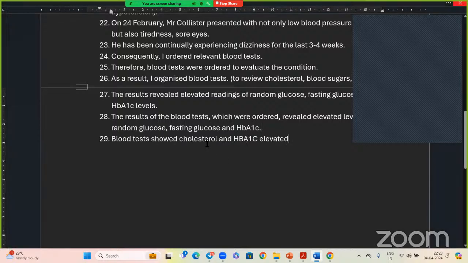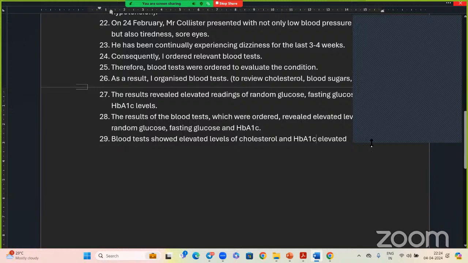The blood test showed elevated levels of cholesterol and HbA1c, with HB in capital, A1 and c small letter, full stop.